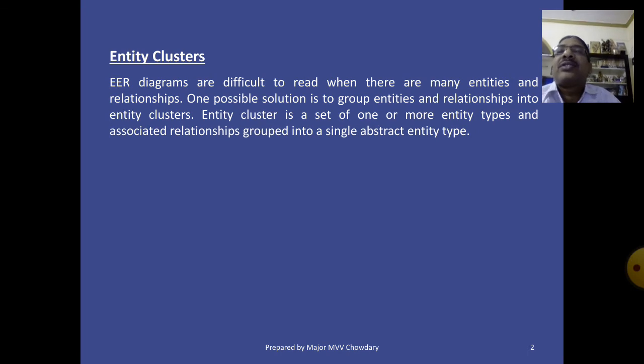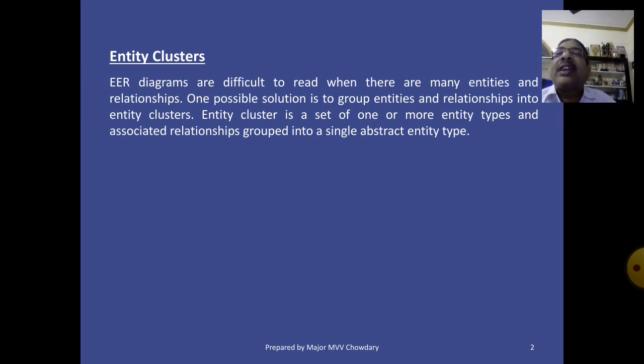For this, one possible solution is to group the entities and relationships into an entity cluster. Similar types of entities are grouped into an entity cluster, and the relationships also.